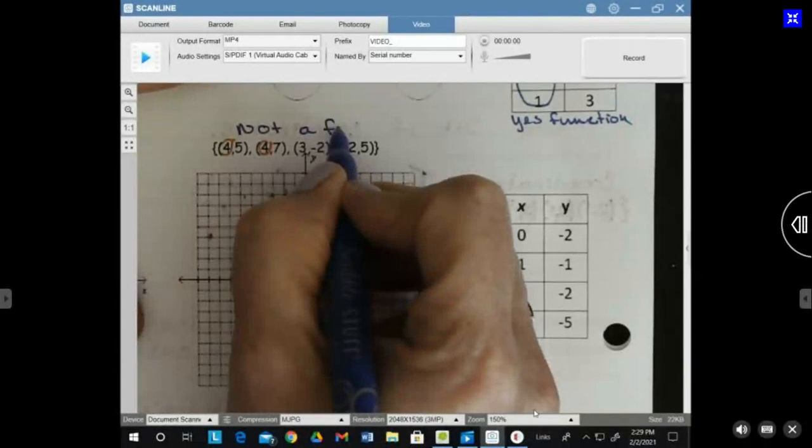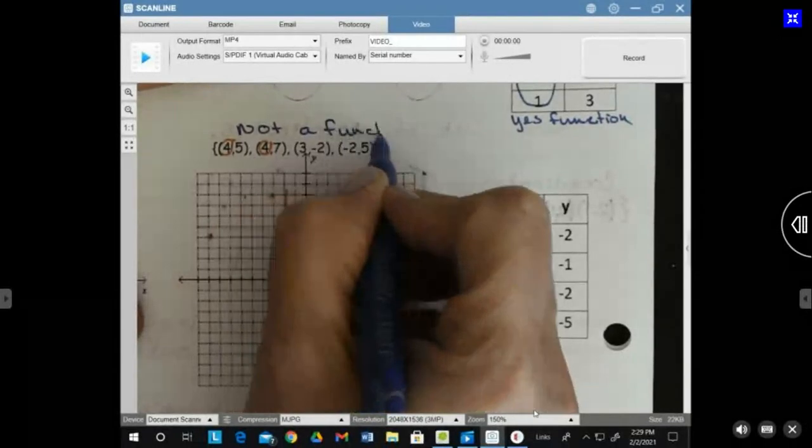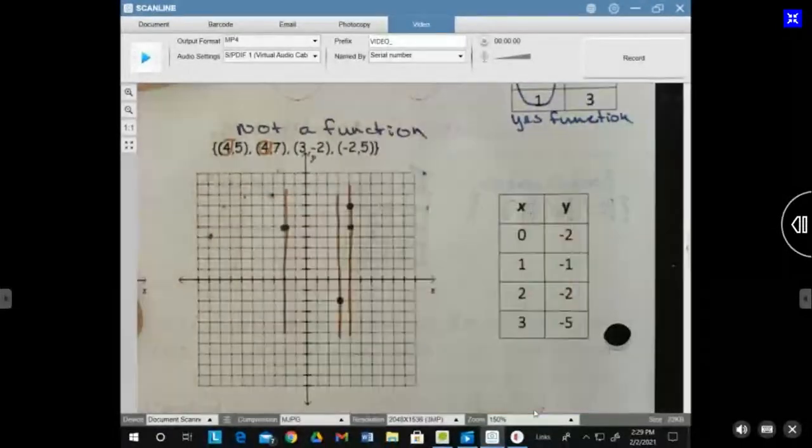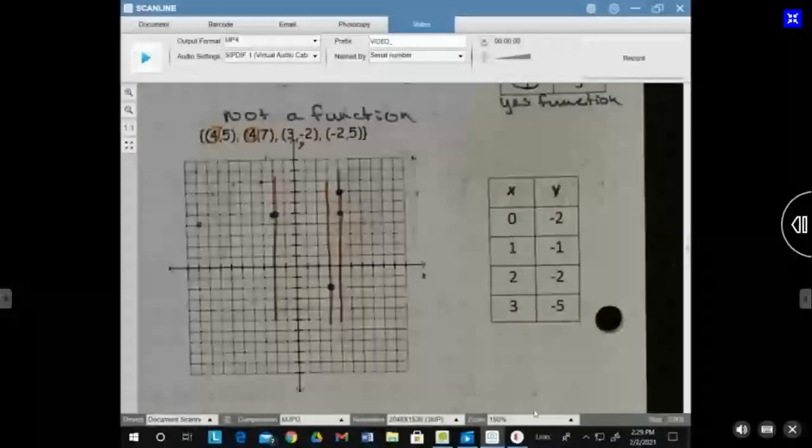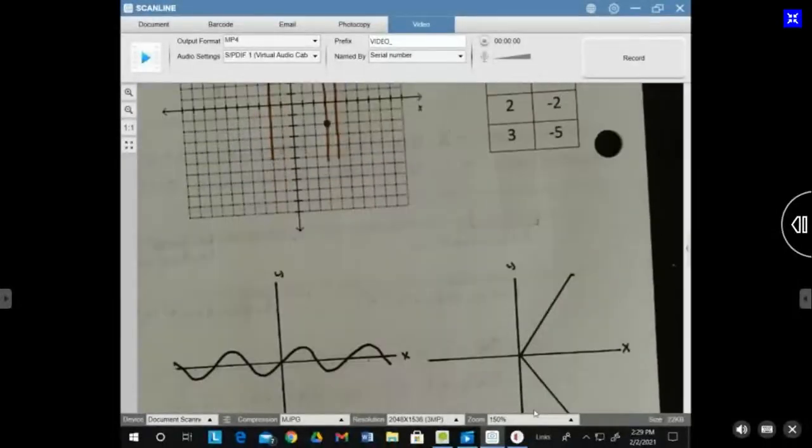All right, what they call that is down at the bottom of your page, the vertical line test. So I'm going to come down to the bottom.